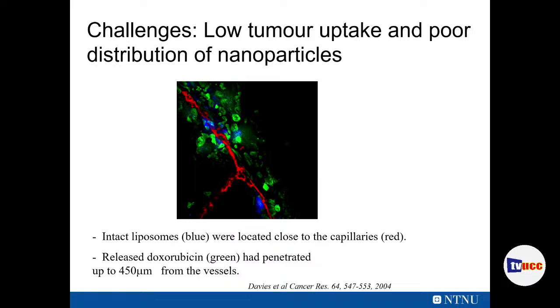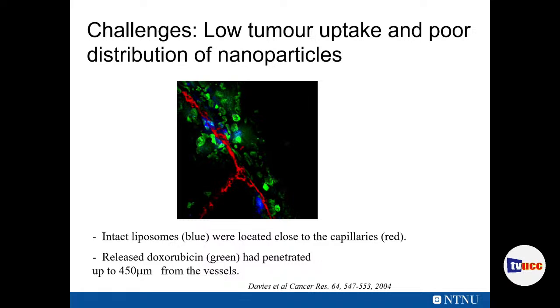This fluorescence image is taken from a mouse. We injected a liposome in the tail vein of the mouse, and the liposome is here in blue. This liposome contained a drug, doxorubicin, which was taken up in cells and is in green.